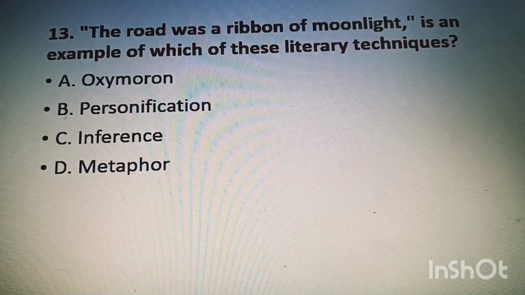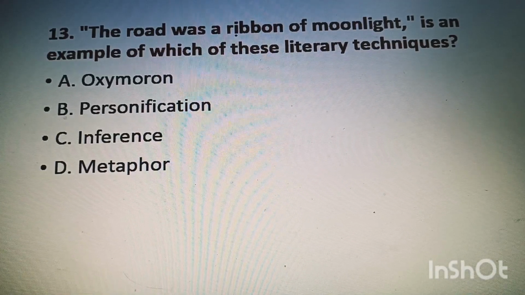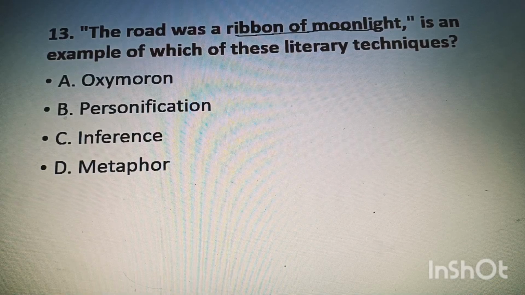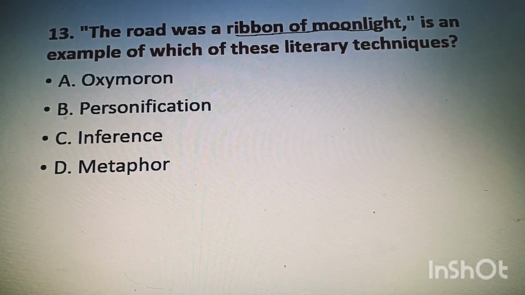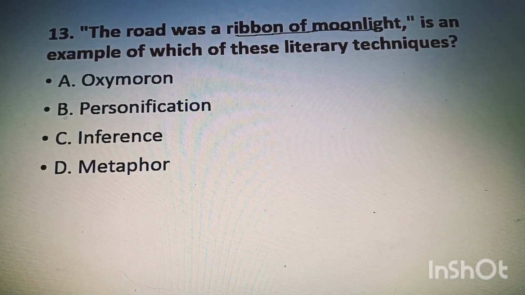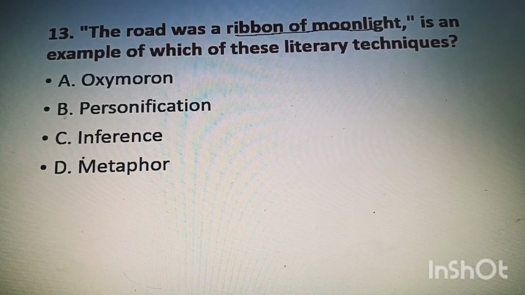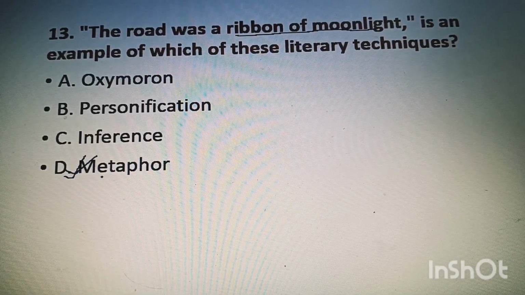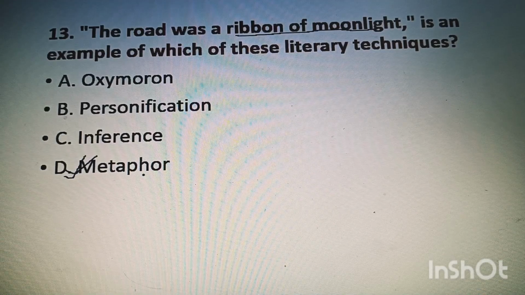Road here is compared with ribbon of moonlight without using like. Okay, without using like, that is metaphor. Rupak. Metaphor means रूपक अलंकार. Difference between metaphor and simile, दोनों में comparison किया जाता है. लाइक है तो simile और without like metaphor.